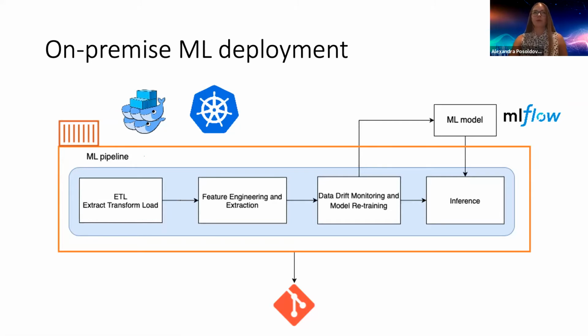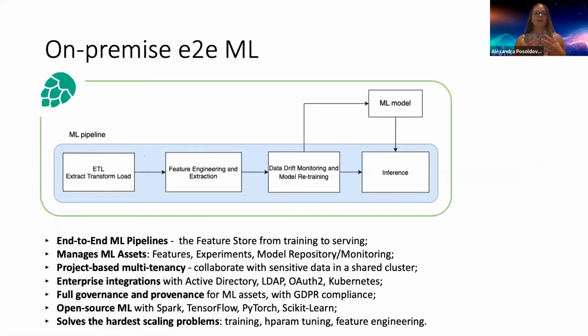Or if you want a fully managed service, you can use Hopsworks. Hopsworks is an open source platform for machine learning development and operations. It allows collaboration between teams with managed access using single sign-on.